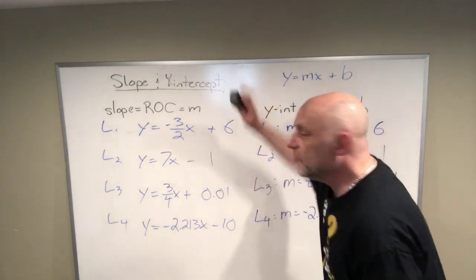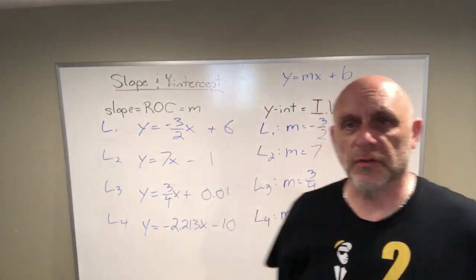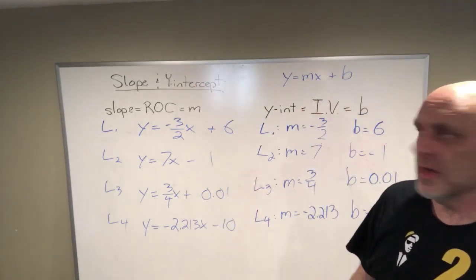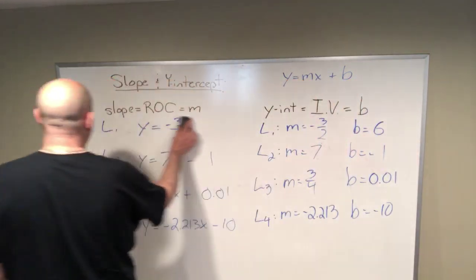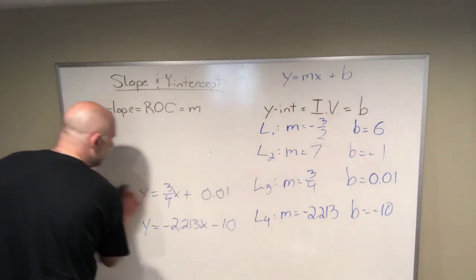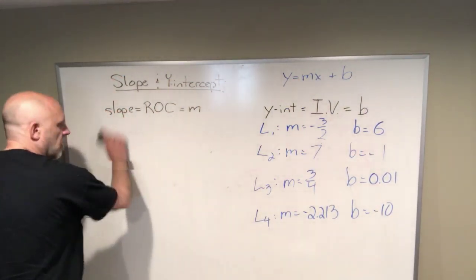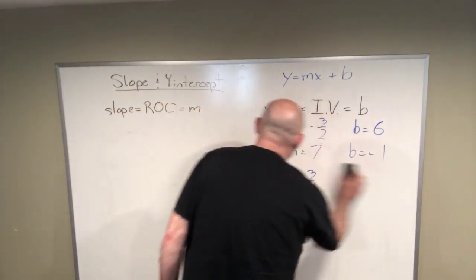I'm going to come up with 4 new lines. I'm just going to tell you the slope and the y-intercept, and I want you to create the equation. Okay? So let's get rid of L1, 2, 3, and 4. Let's get rid of these answers.